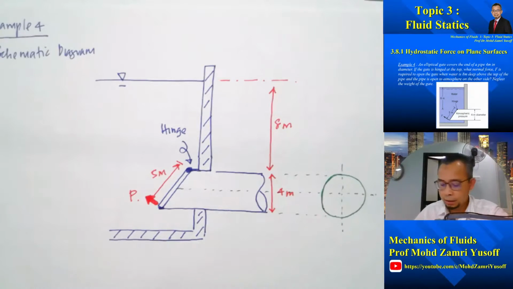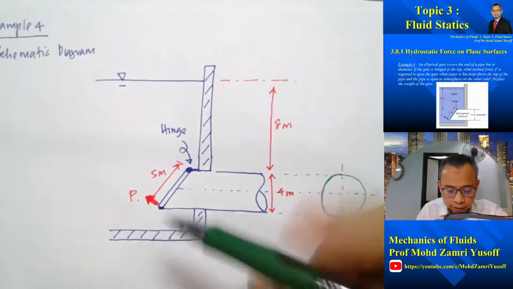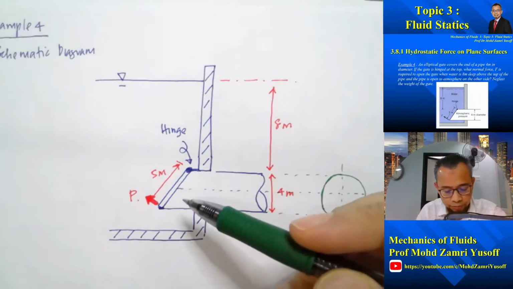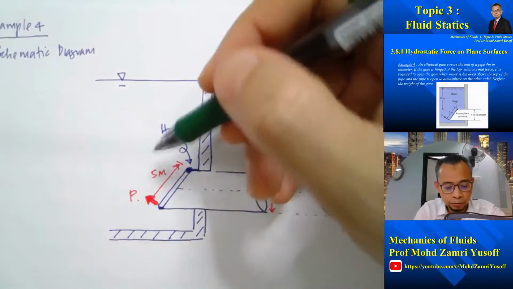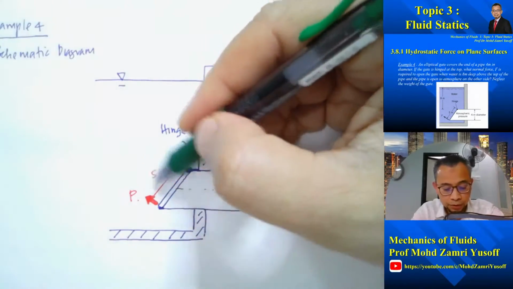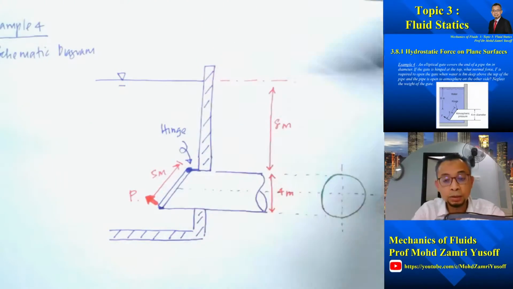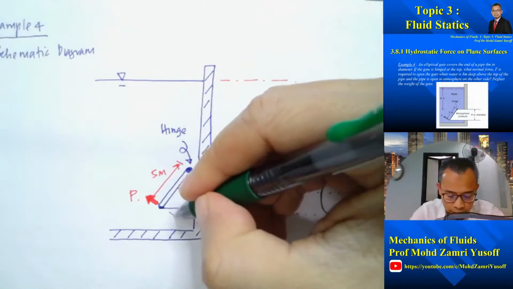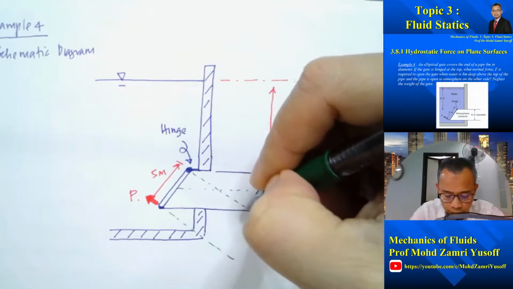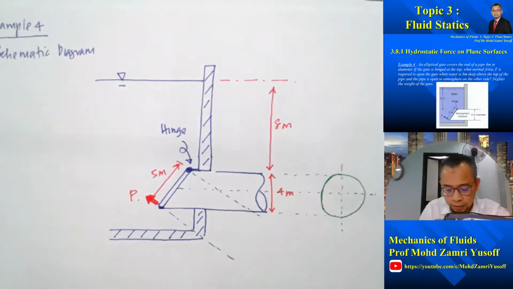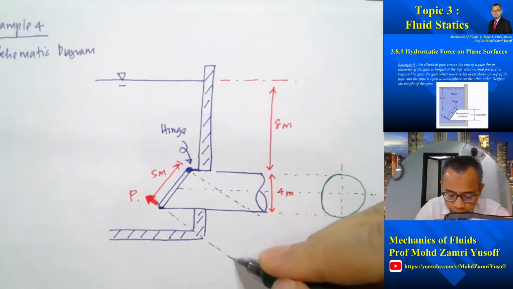So now we have the gate. So this is the gate. As usual, first of all, we view the gate from the normal direction. If we view from here, because the force is going to be here on the left hand side, what you will see is an ellipse.